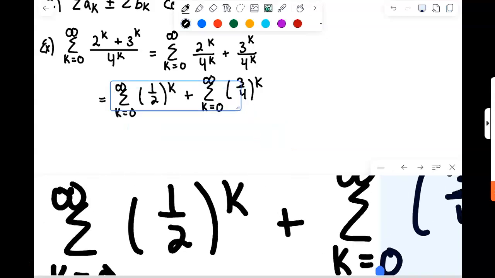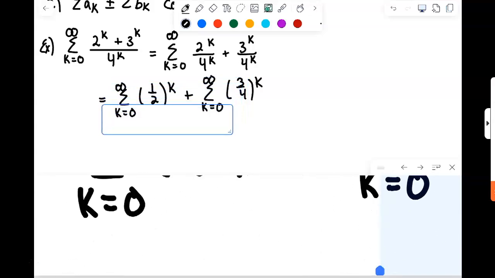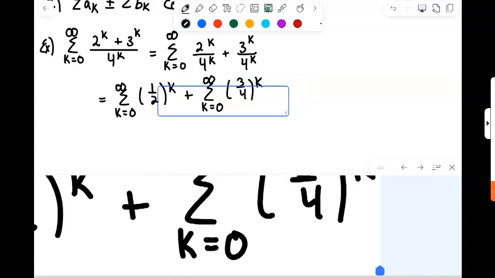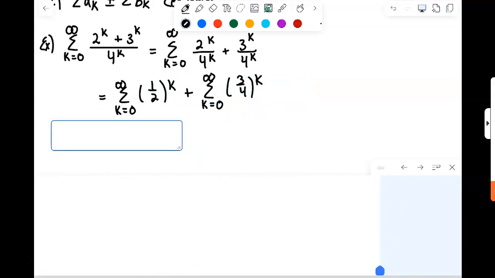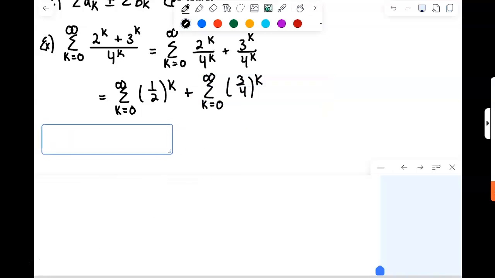That's a geometric series, and the ratio is less than 1, so that series is going to converge. Likewise, this series, 3/4 to the k, is also going to converge because it's a geometric series where the ratio is again less than 1. So we know that both of those are going to converge.